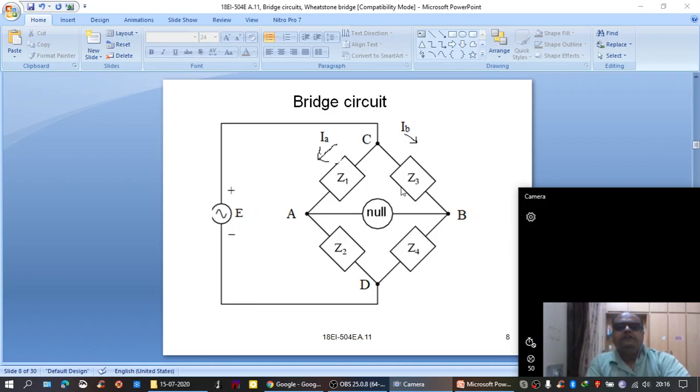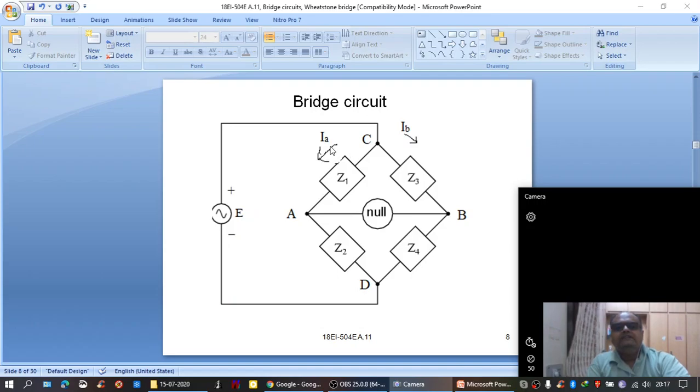Now, in this arrangement, as you can see, when current flows through the bridge circuit, that current gets divided into two parts as IA and IB. Assume that the null detector is not there in the circuit, and we want to know what the potentials across A and B are.